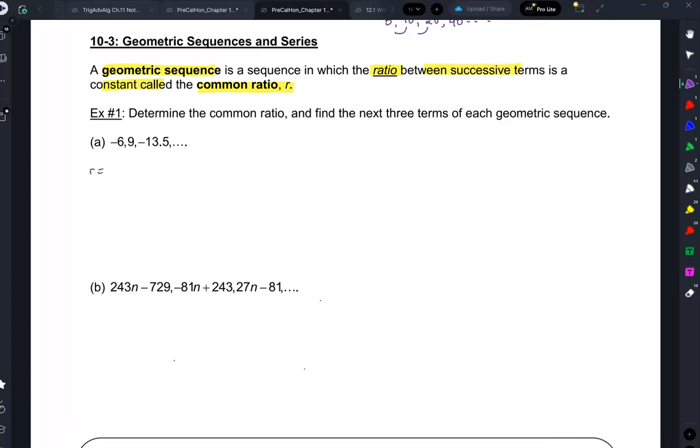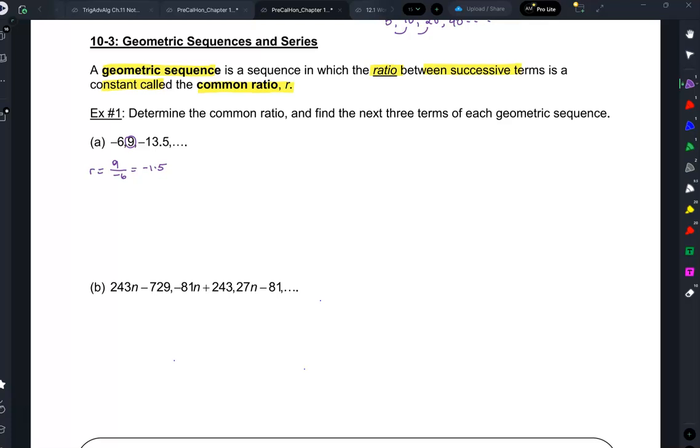All right, so let's see what the common ratio is here. Remember, we always want to do the second term divided by the first term. So in this case, 9 over negative 6, it's negative 1.5. If you want to say negative 3 over 2, it's fine, it doesn't matter. But since it looks like everything is in decimals, let's just go with decimals.